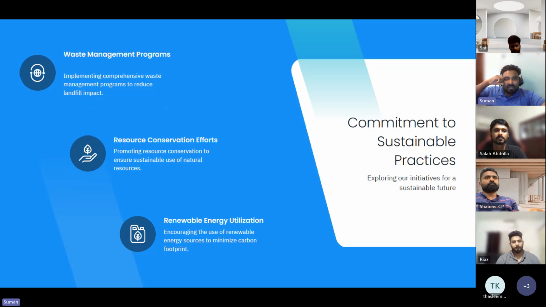Waste management, in the HSE plan. During the projects, we generate waste, so it has to be properly managed.